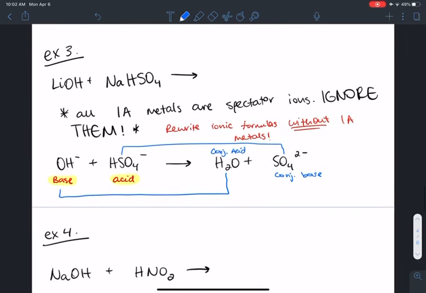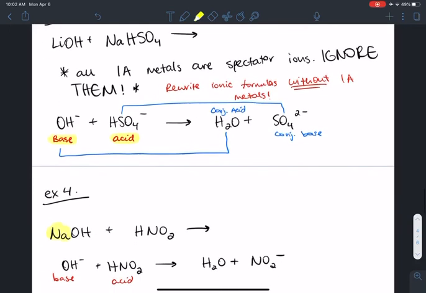Another example, we have sodium hydroxide plus nitrous acid. Again, you'll see that I have that 1A metal there. We know that all 1A metals are going to be spectator ions. So we're going to rewrite this without the metal. So we have hydroxide plus nitrous acid. We know that hydroxides are bases, so the other thing must be an acid.